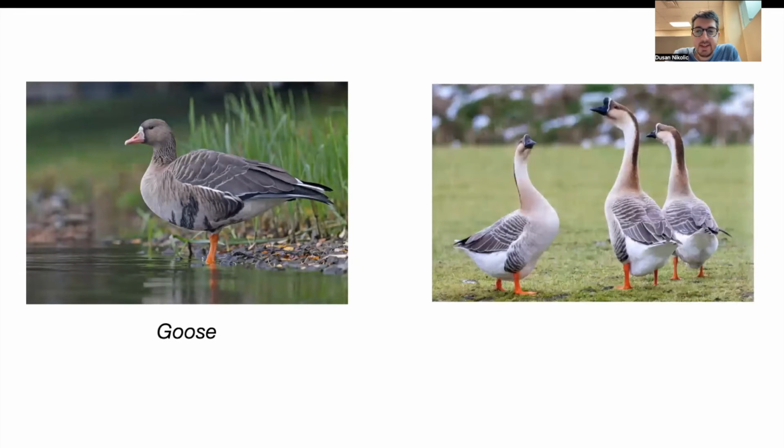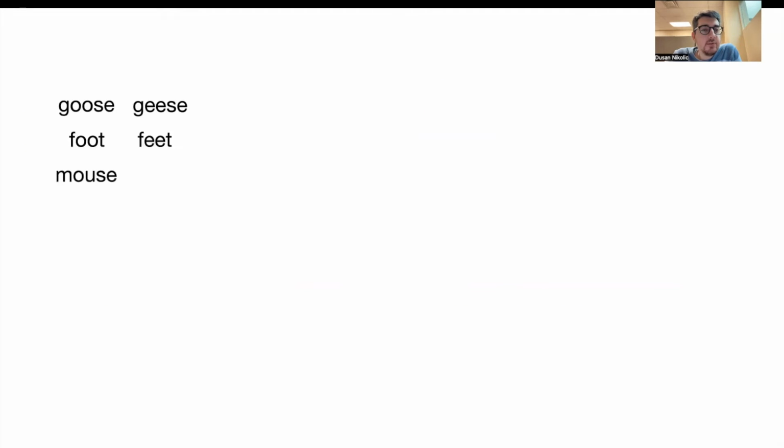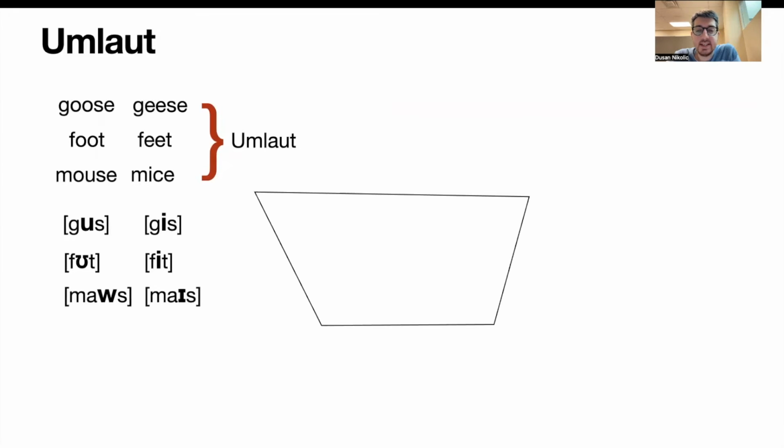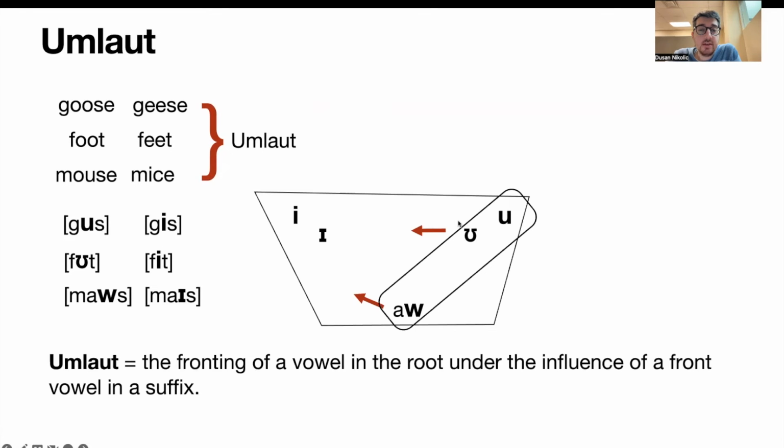This is a goose. What are these? Geese, right? Goose, geese, foot, feet, mouse, mice. It's not an ablaut anymore. It's an umlaut. It's still a German word. In this case, the vowel does change from goose to geese, from foot to feet, from mouse to mice. What happens here is that the back vowels are changing into e and i. These are moving forward.